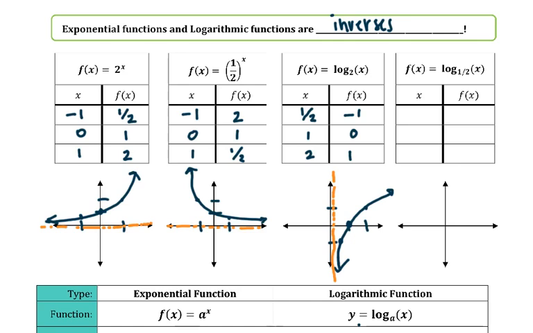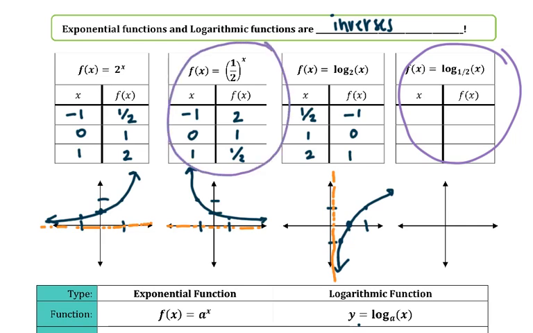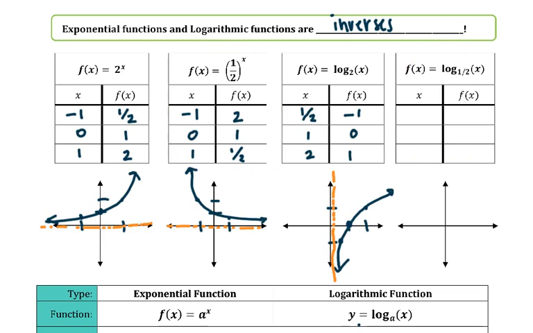So the last part we'll graph here will be log base 1/2 of x. And these are also going to be the inverse of those original points for our 1/2 to the x power exponential function. So in order for me to do this, I'm just going to switch those x and y values as I list them.